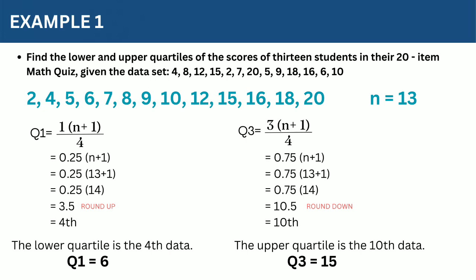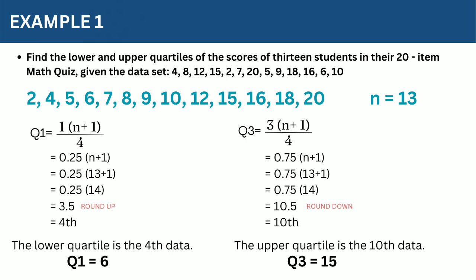Moving on, let's solve for the upper quartile. First, we put in the formula, then we substitute the given. So, instead of writing 3, I put in 0.75 times the quantity of n plus 1. Next, we change n into 13 since it is the total number of students who took the quiz. Then we add what's inside the parentheses.